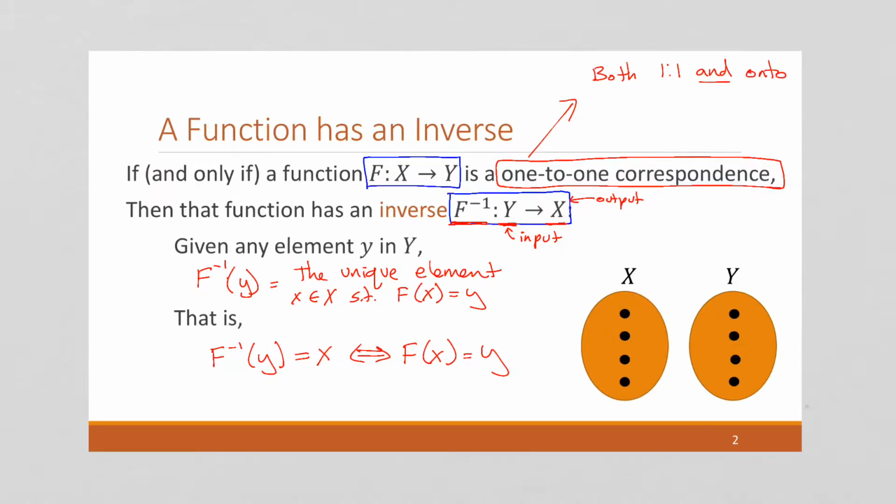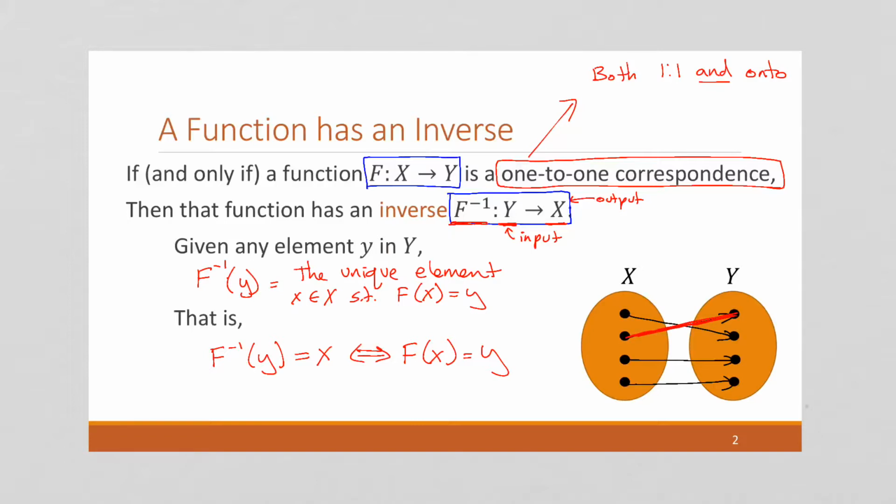So if we have a function, let's make it a one-to-one correspondence. There we go. That's a one-to-one correspondence. It's onto because every element of our codomain Y has an arrow coming to it, and it's one-to-one because every element of X points to a unique element of Y. So if this is the case, then our inverse is really just doing these arrows backwards.